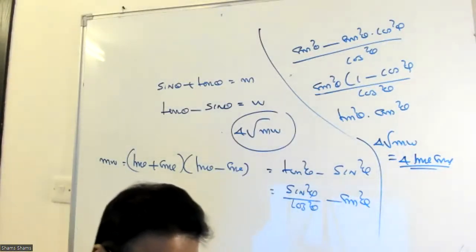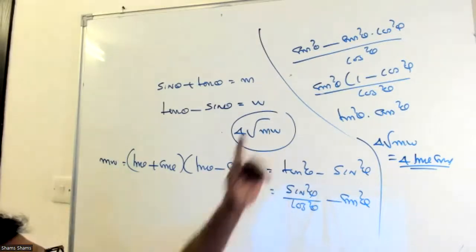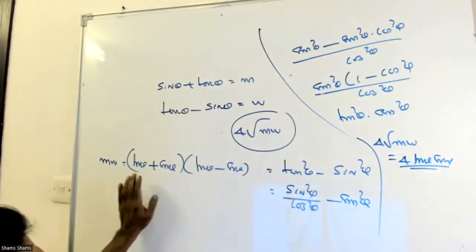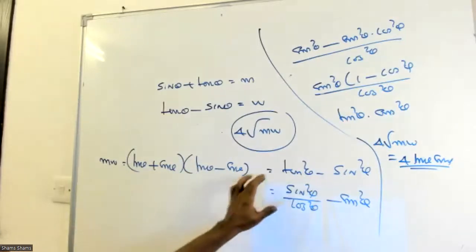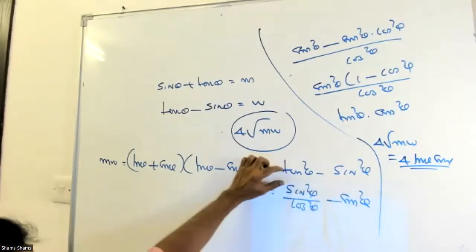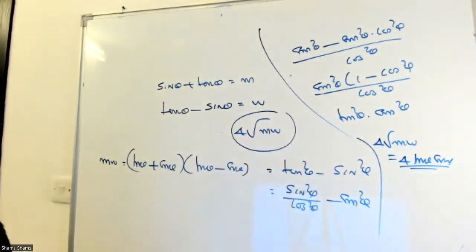Okay, check now. So after getting the LHS, go to RHS, check again. Tan theta plus sin theta into tan theta minus sin theta. That is tan square theta minus sin square theta. Tan square theta is sin square theta by cos square theta minus sin square theta. Then LCM. Okay. Check the board before writing. This is not an easy question.